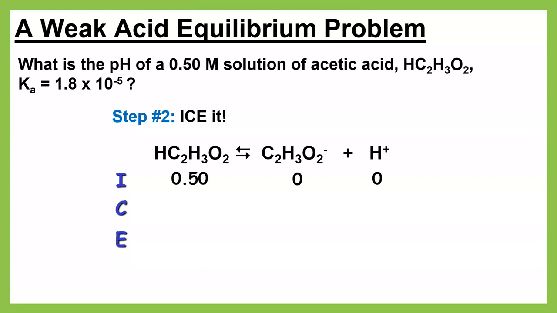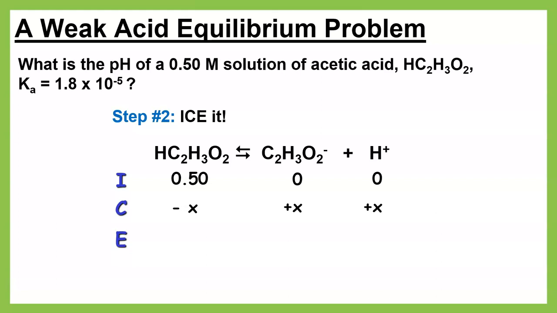Now we look at the coefficients to see what the change would be. We're going to lose our reactants, and we're going to make our products. And because all our coefficients are 1s, we just have minus x, x, and x. Remember, if you aren't starting with 0 products, if you start with some products, then you would have to do a Q versus K calculation to determine which direction you're going.